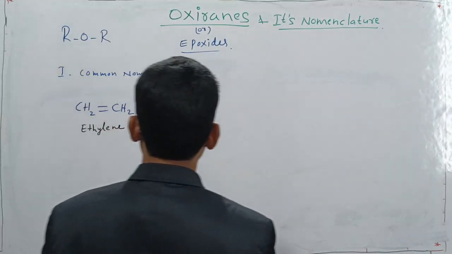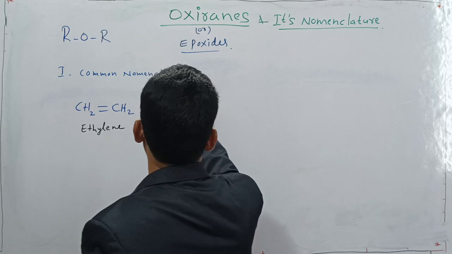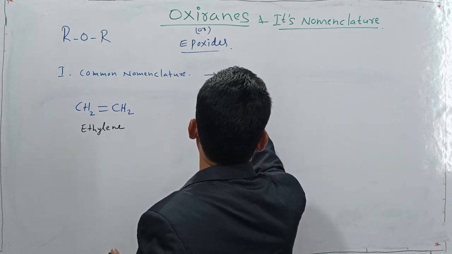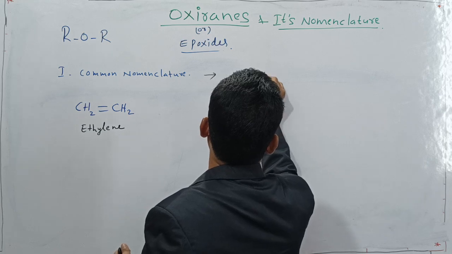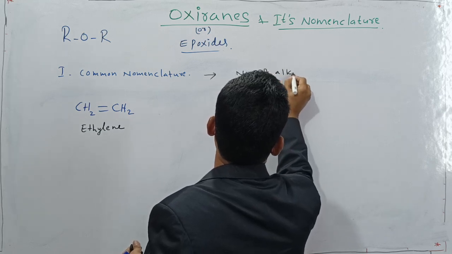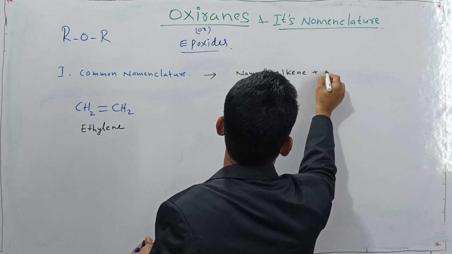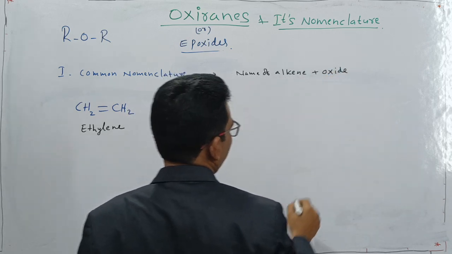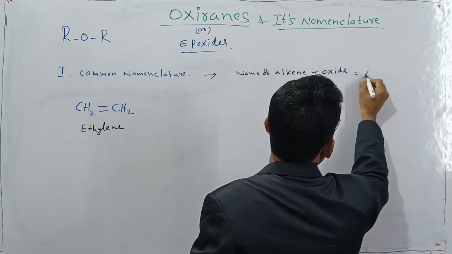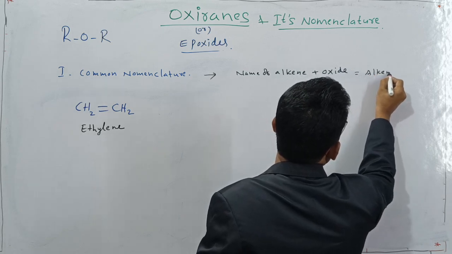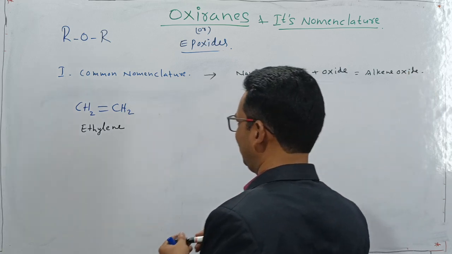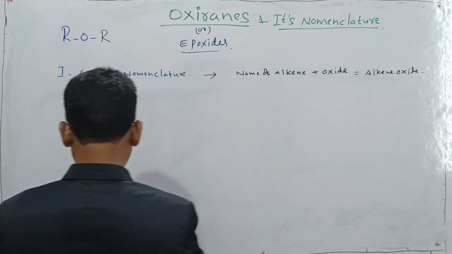Then how do we give the name according to the common nomenclature system? We have to write the name of the alkene plus oxide. It's nothing but alkene oxide.